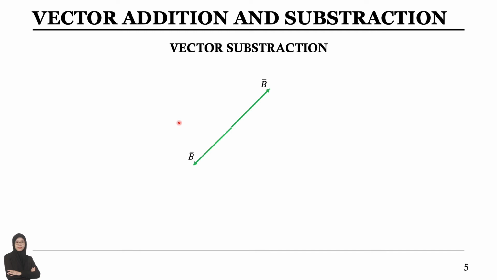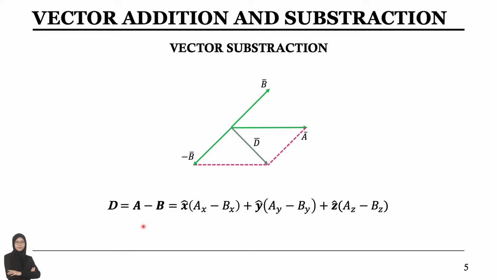Thus, the magnitude of minus vector B is equal to that of vector B. Due to this, we can define vector subtraction: vector A minus vector B gives vector D. And this is how we represent vector subtraction in a rectangular coordinate system.